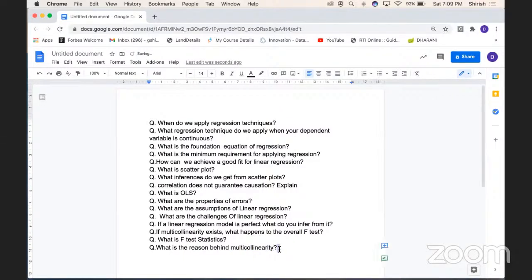This issue would arise if you create dummy variables. When you create dummy variables, there is a 101% chance that there would be a multicollinearity problem.